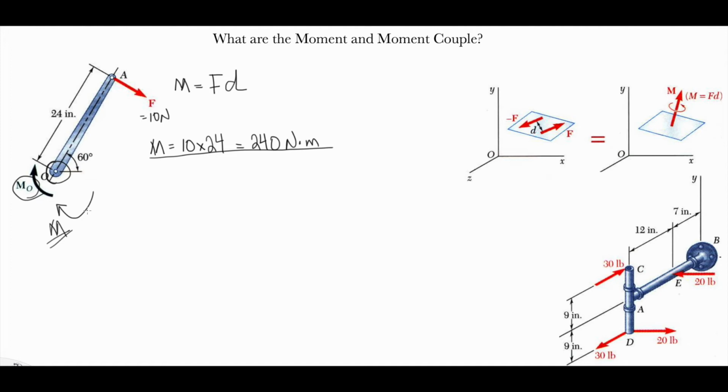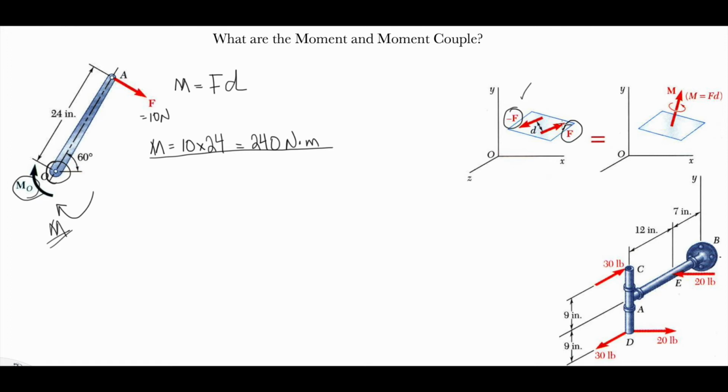Now if we have two opposing forces, let's say we have F, and in the other direction, the left direction or the Z direction, we call it negative F, but they have the same magnitude. They are parallel, they have the same line of action, but opposite sign.